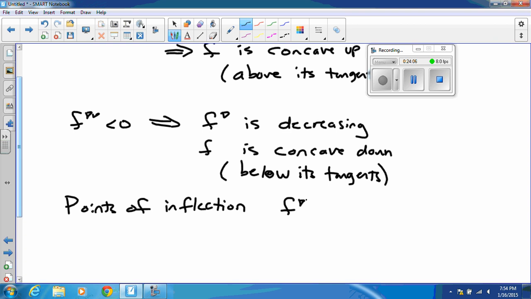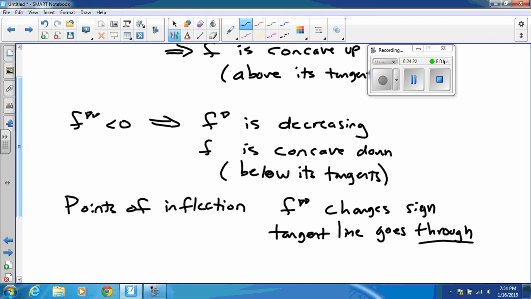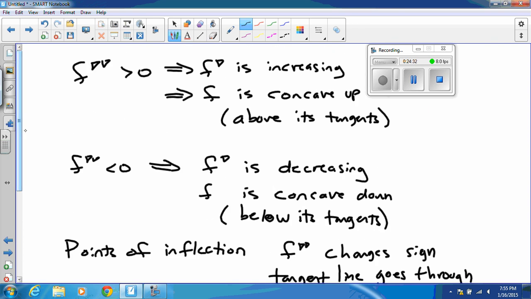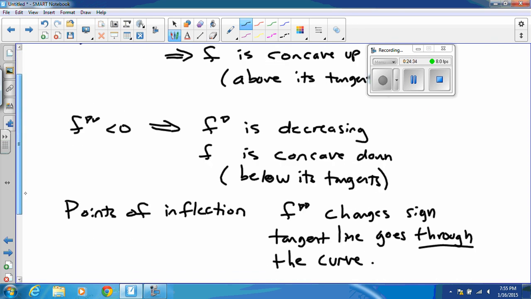And this really summarizes the important information here. In addition, we have points of inflection. These are the places where f double prime changes sign. And the places where the tangent line goes through the curve.